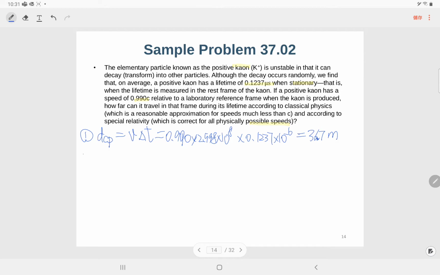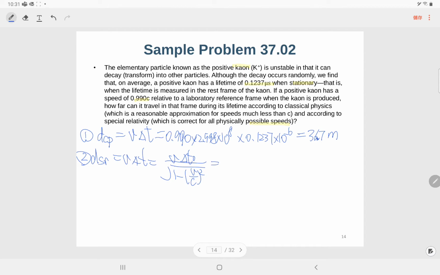So according to the special relativity, v delta t should be v delta t0 over the square root of 1 minus v over c quantity squared.